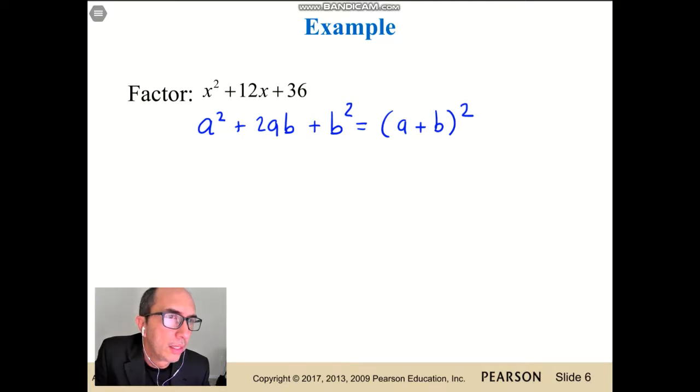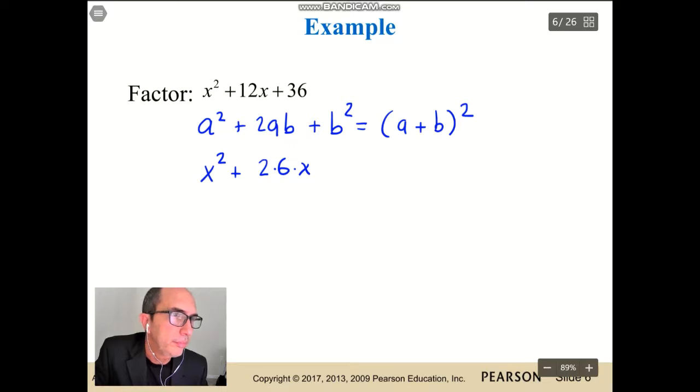Comparing, to have a squared, x is going to be the a, so x squared. And then you need to have 2 times 6, 12, times x, plus, and then this is going to be b, which squared is going to be 36.